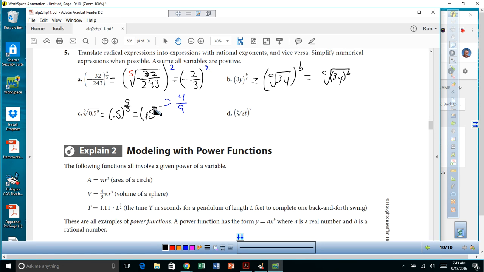Well, 9 divided by 3 is 3. So you have 0.5 to the 3rd power, which is 0.125. And then d, how can we rewrite d? We can rewrite it as st to the v over u power.